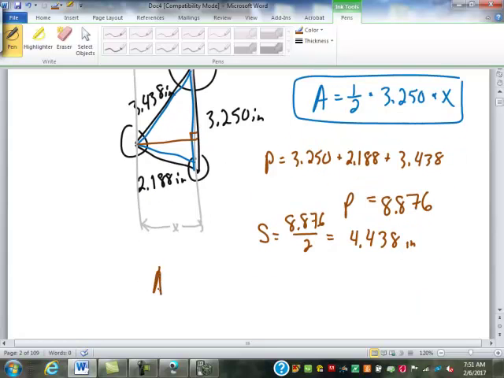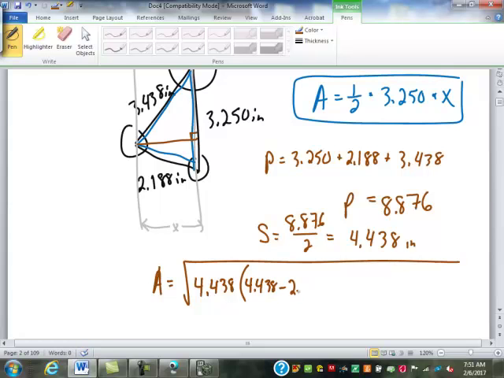So the area is the square root of the semi-perimeter times the semi-perimeter minus the shortest side times the semi-perimeter minus the middle length side times the semi-perimeter minus the longest side.